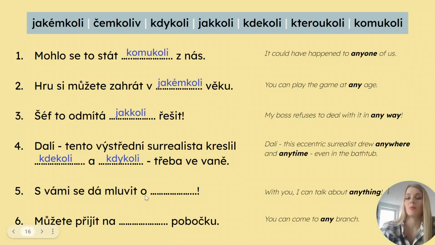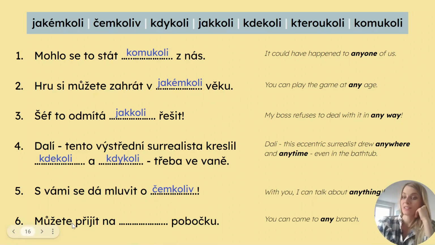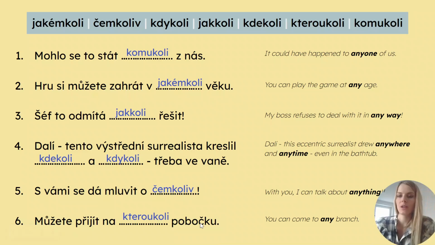S vámi se dá mluvit o locative case again, o čemkoliv. Číslo 6. Můžete přijít na kteroukoliv pobočku. Any of the branches that we have. Kteroukoliv, this is the accusative case of která pobočka.